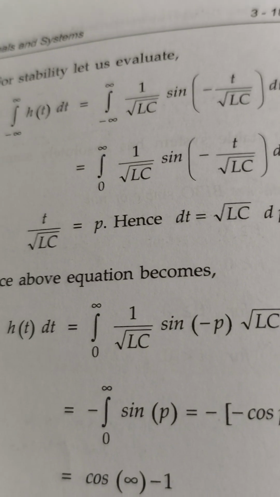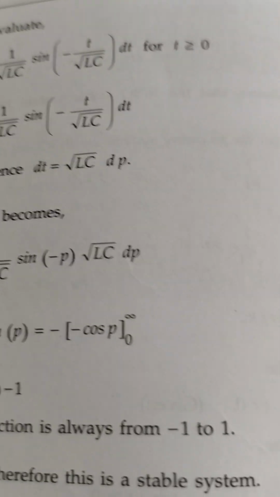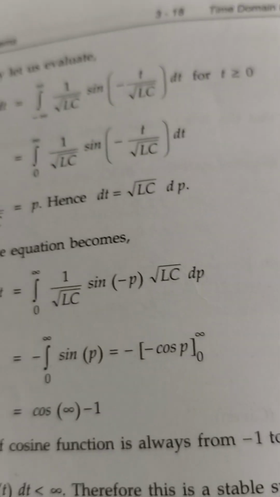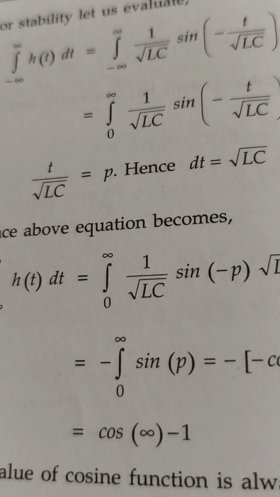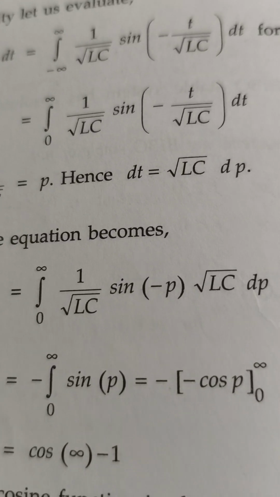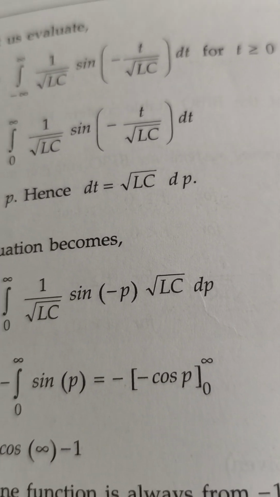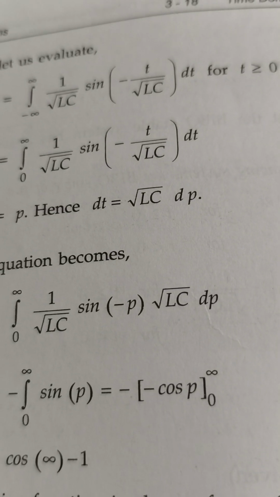Therefore, we have to change the limits of integration. This is for t greater than or equal to 0, so the integral is from 0 to infinity of 1 by square root of LC sine of t divided by square root of LC dt.